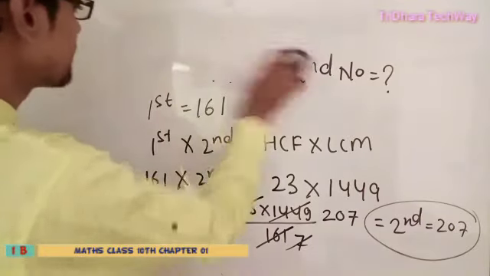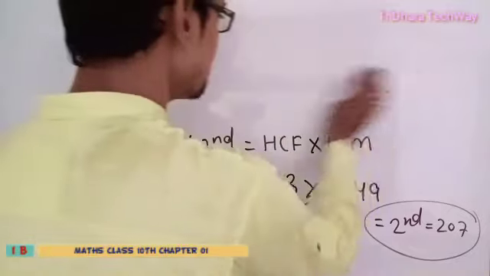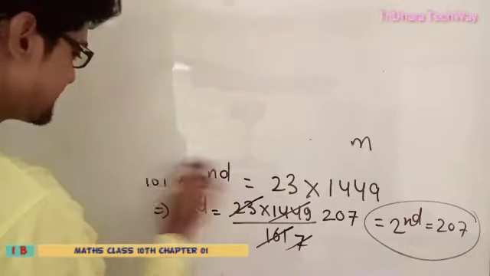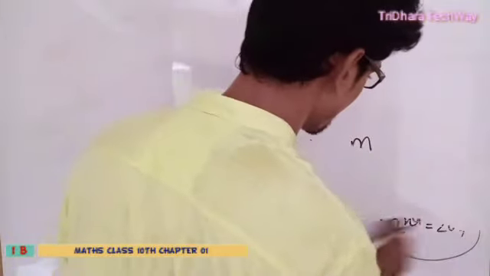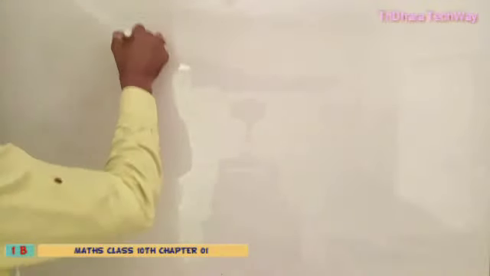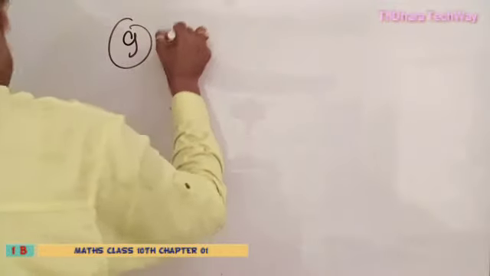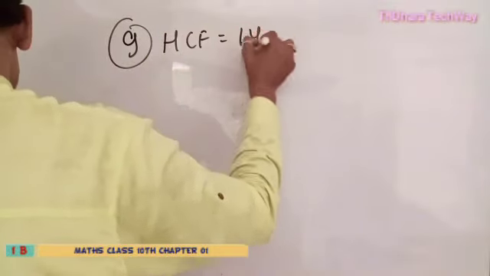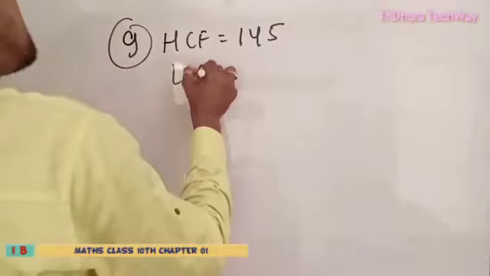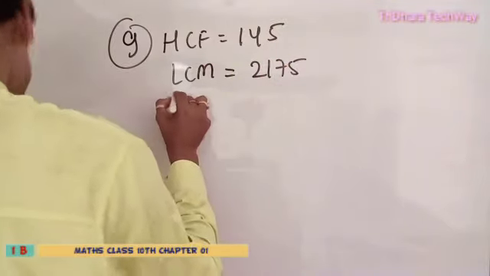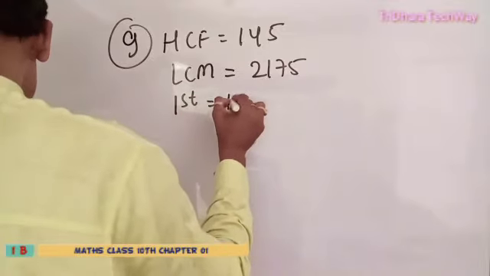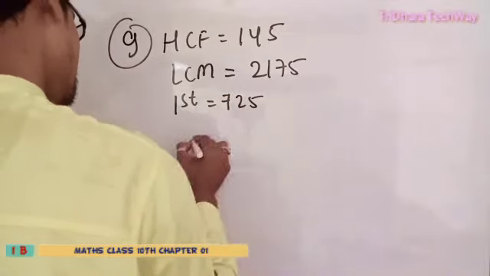Now come to question number 9. It is also the same question, but you have to see this. In question number 9, the given values are HCF is equal to 145, LCM is equal to 2175. First number is given, 725.